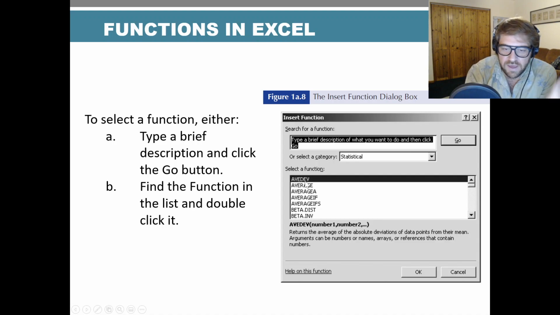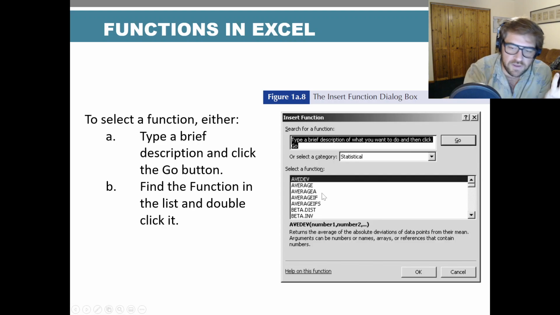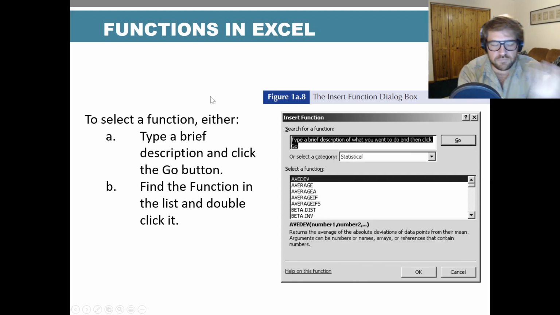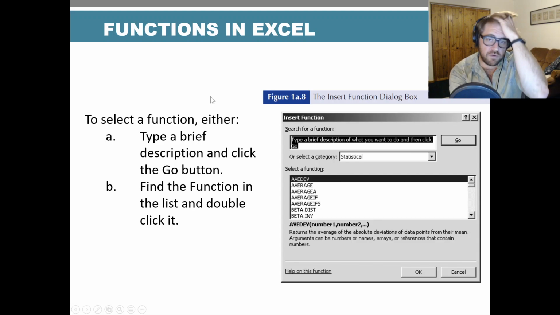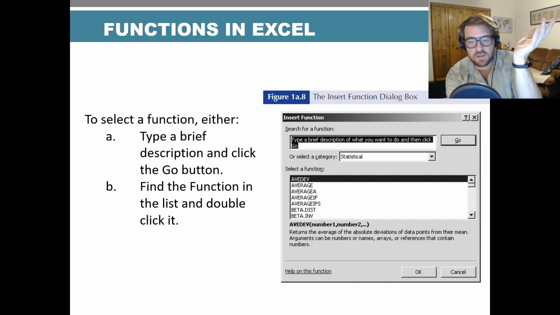So if you click on avdev, it says, returns the average of the absolute deviations of data points from their mean. Hooray. Cool. So you can click on all these and read about them. And if that sounds like the thing you want, you double click on it, and it pops into your formula bar, and you can fill in the rest of the formula, like B2 through B11, and hit enter.